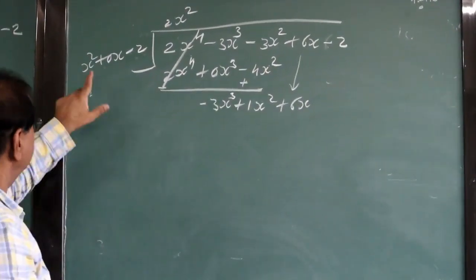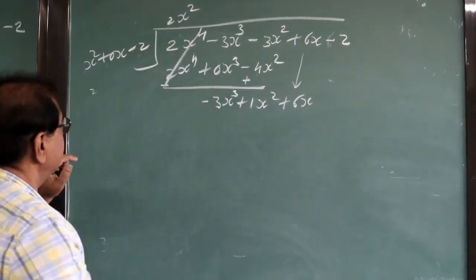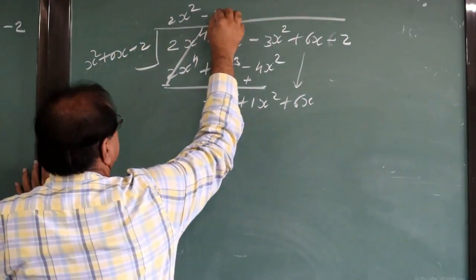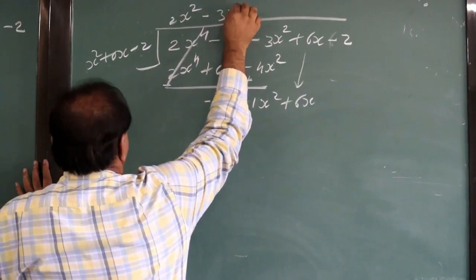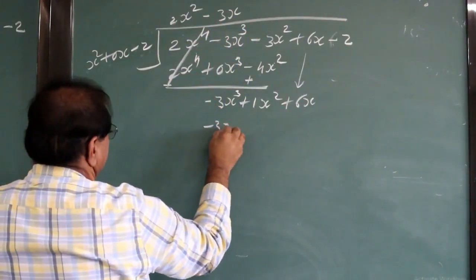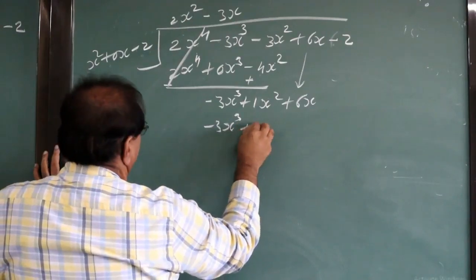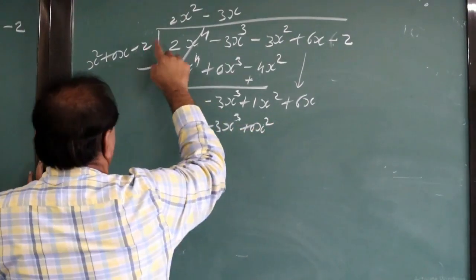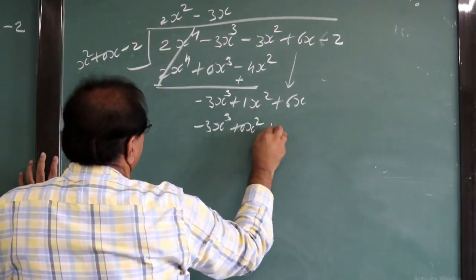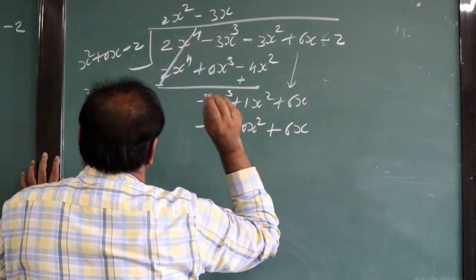Now again we go for division. x² into what makes −3x³? Minus 3x. So it is −3x³, 0 into −3 plus 0x², and −3 into −2 plus 6x.